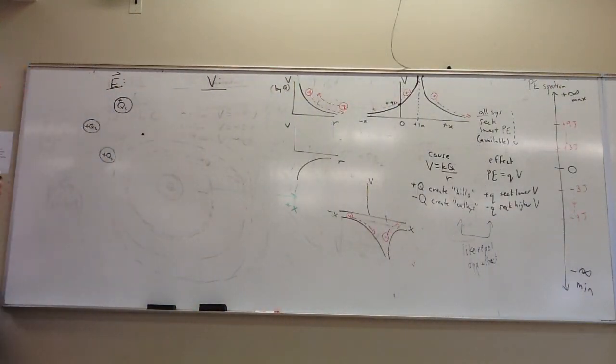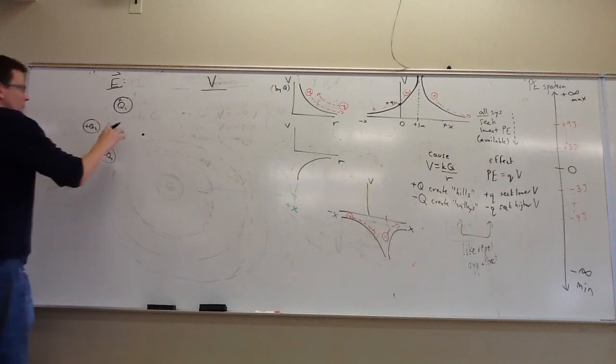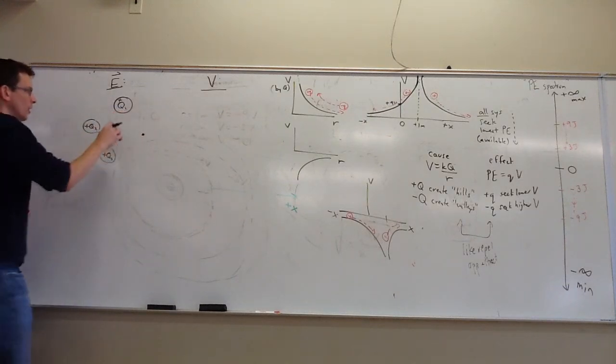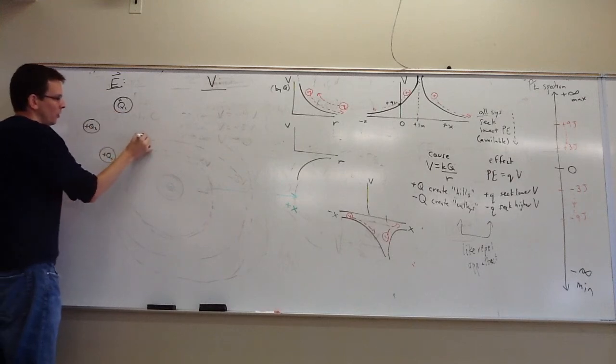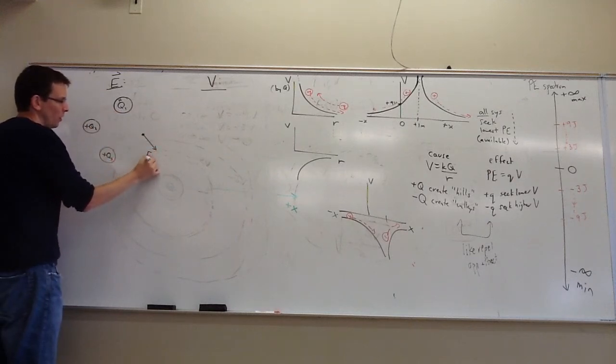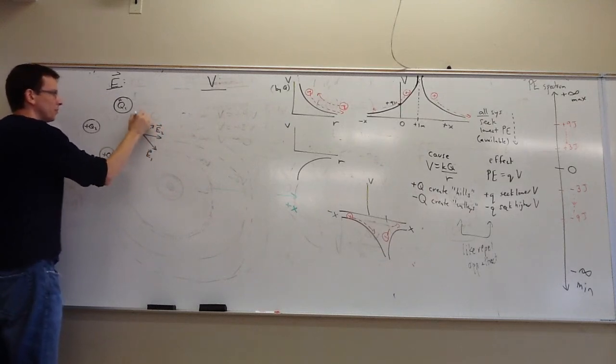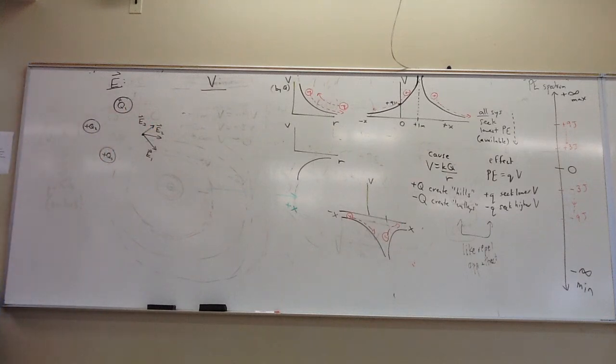So there's nothing there, and I was interested in finding out what point P is like because of its neighborhood. So I would, of course, come up with a contribution from each of these three. So these are all positive, so radially away, E1 would look something like this, E2 would look something like this, and E3 would look something like this. Right?